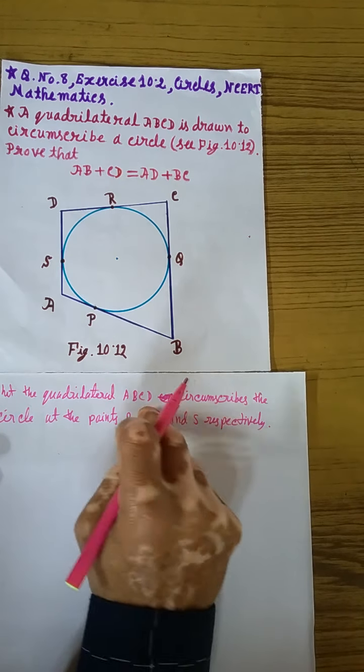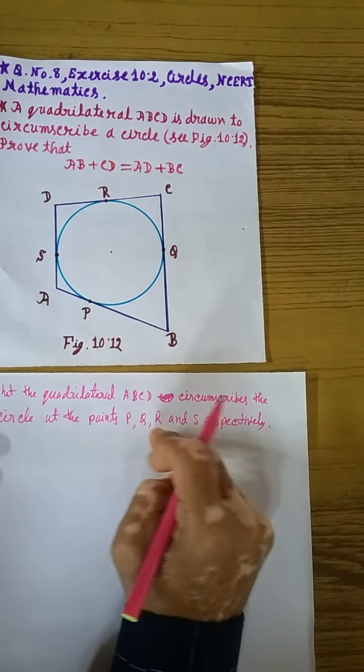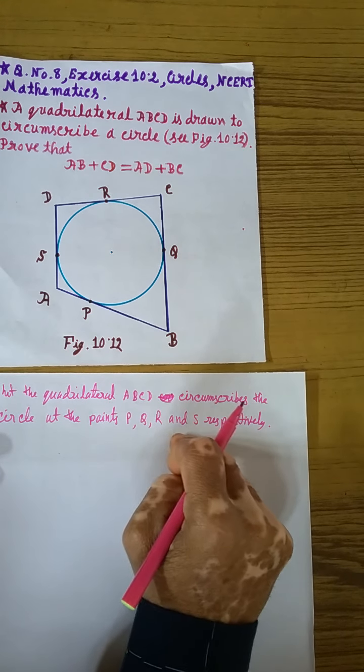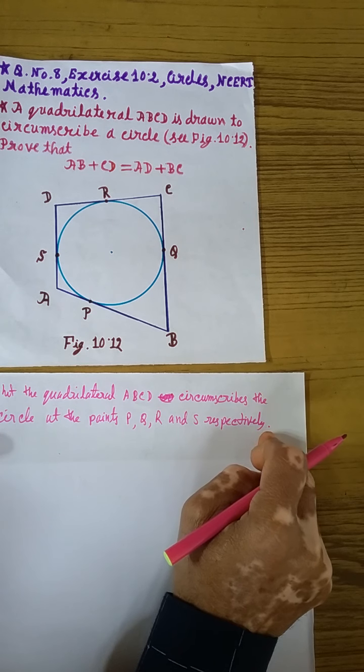Let the quadrilateral ABCD circumscribe the circle at the points P, Q, R, and S respectively.